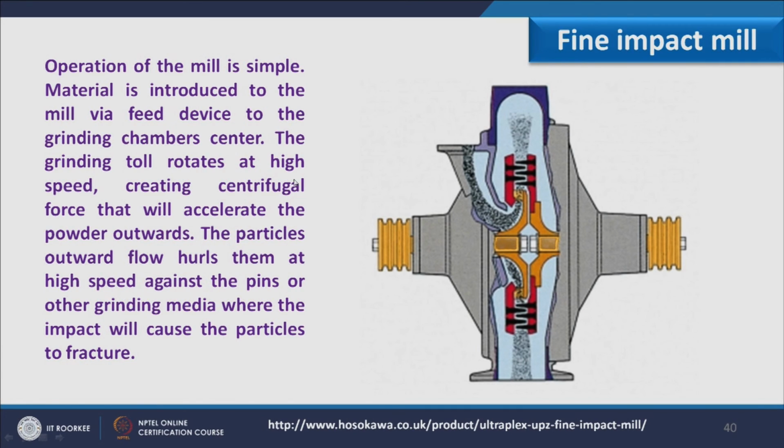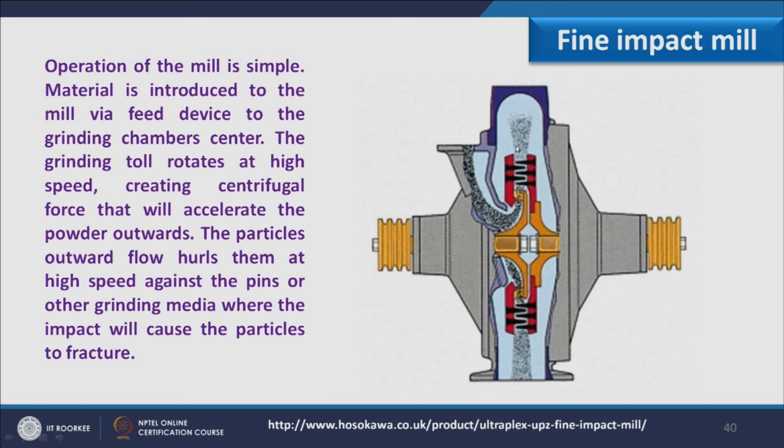The grinding tool rotates at high speed, creating centrifugal force that accelerates the powder outwards. The particles' outward flow hurls them at high speed against the pins or other grinding media, where the impact causes particles to fracture.